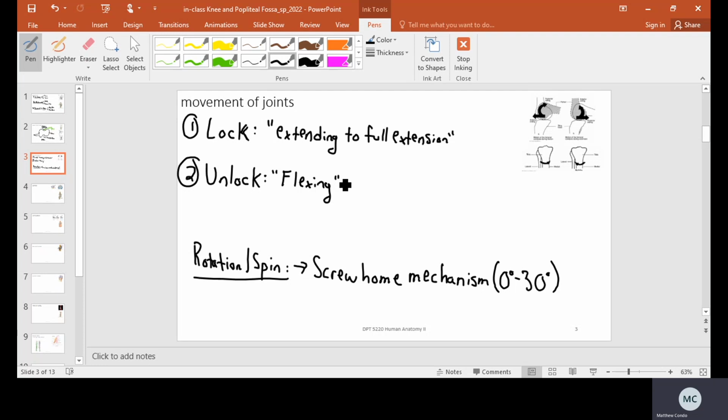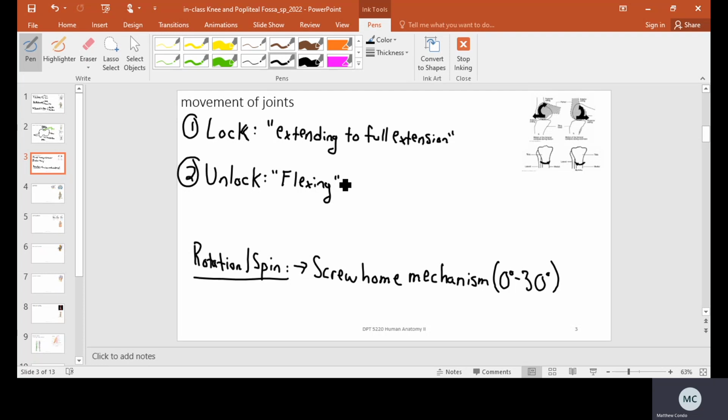But what happens a lot of times is either through joint effusion, edema, scar tissue, whatever, sometimes you can lose that last 5-10 degrees of extension, and you actually need to push into rotation to enhance or help that screw home mechanism. Okay? So again, open chain, knee extension. Last 10 degrees, tibia is going to laterally rotate.